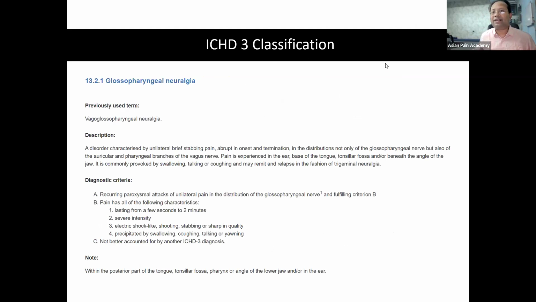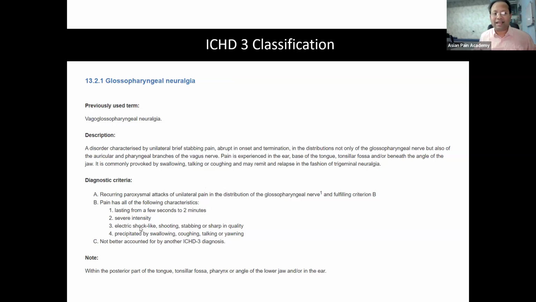See, this is the ICSD classification. I'm not going into detail of it. Just see, a few things are important. Recurring paroxysmal attacks of unilateral pain. So you understand, both trigeminal and glossopharyngeal are paroxysmal, recurring, unilateral attacks lasting from a few seconds to 2 minutes.